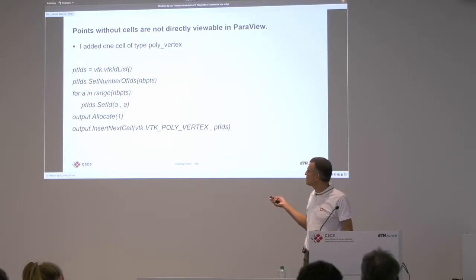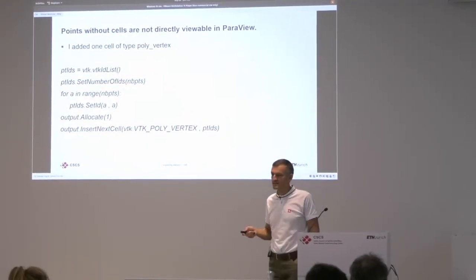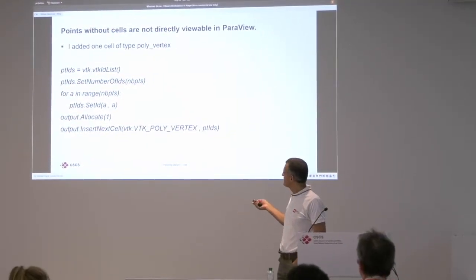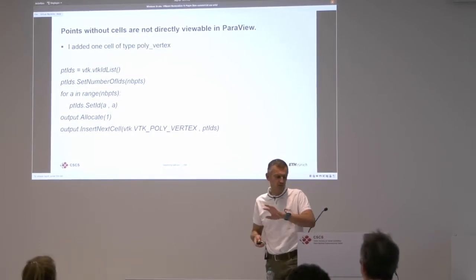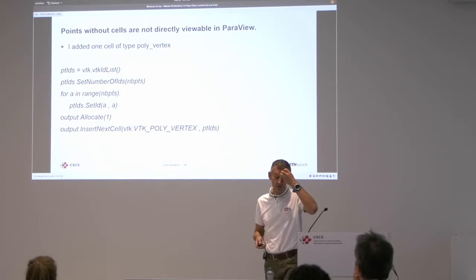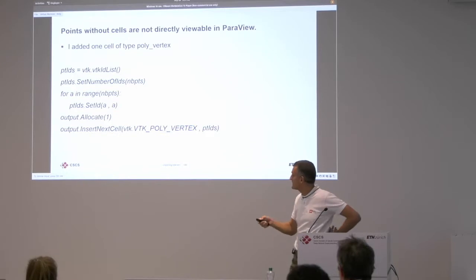So this is the Python code I use for creating that cell. Those 6 lines of code, I have copied and pasted them in many examples I have done in the past. It's really just a template you can reuse pretty safely.